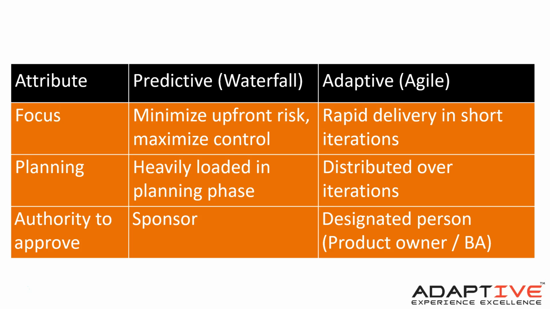The BAPM does not recommend you don't do these knowledge areas. What it does recommend is, if you're approaching change adaptively, that you do those things after you've done your strategy work.